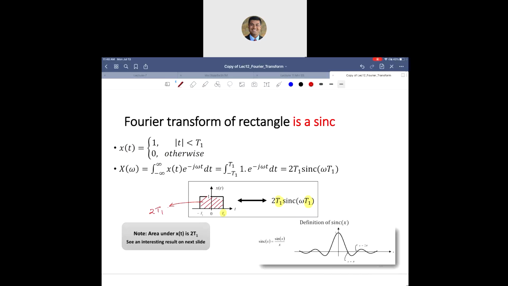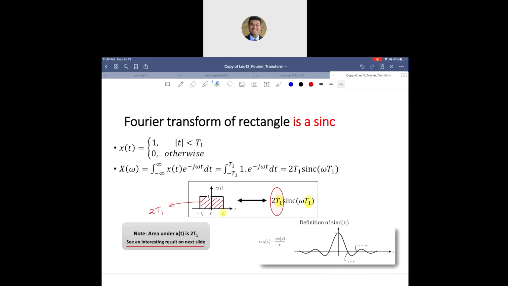Where do you see this 2t1 again? Right there, in front of the sinc. I'm trying to emphasize this so that I can show you a very interesting result on the next slide.